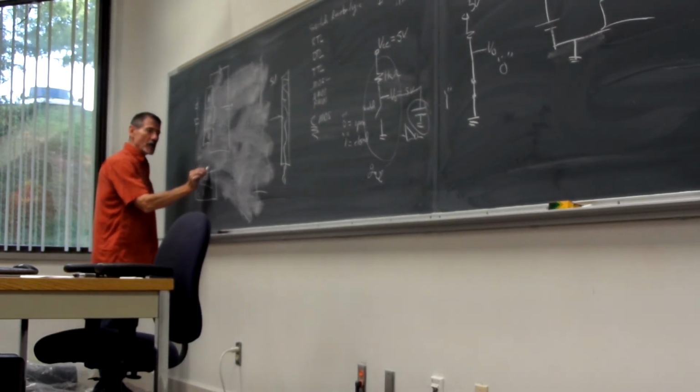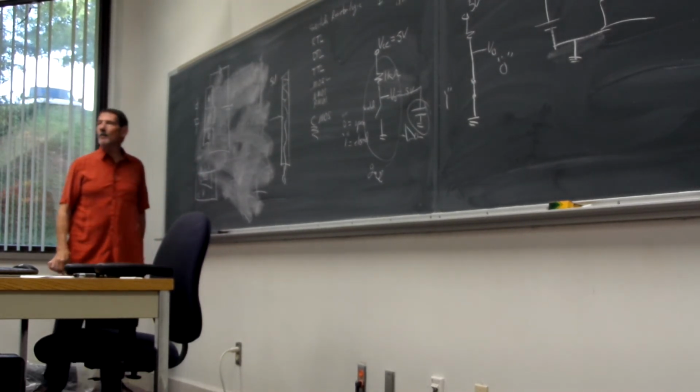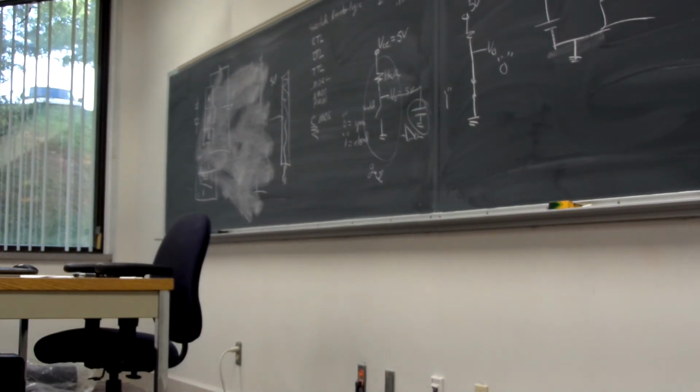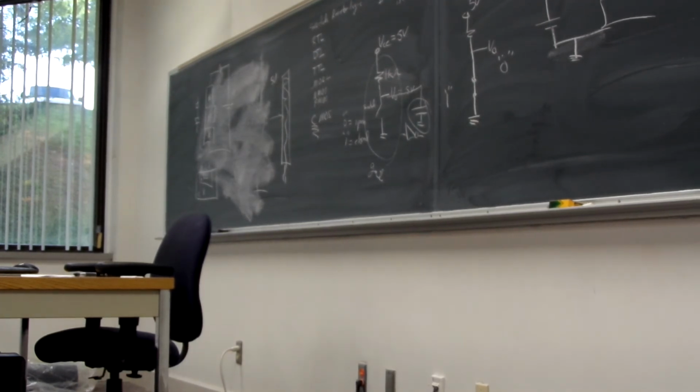If I inject a very tiny amount of current in there, that will cause a large current to flow between the collector and the emitter. Is that all right with everyone? You should have seen this back in your 245 days. The BJT transistor is really a current amplifier.